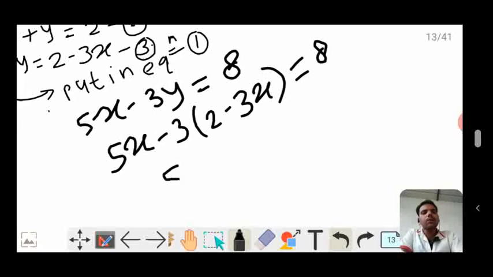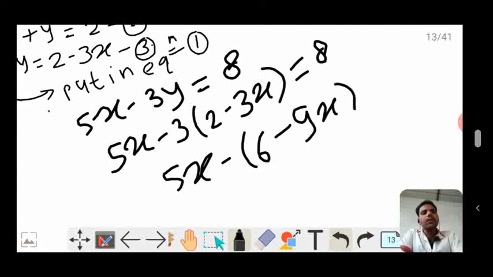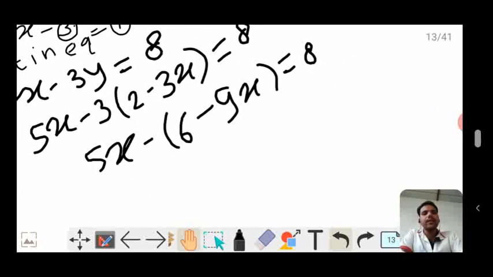So 5x minus, multiplying by 3 into the bracket, we get 3 into 2 is 6, minus 3 into 3x is 9x, is equal to 8. In this step we take the terms out of the bracket.